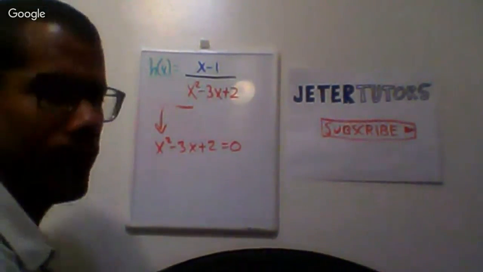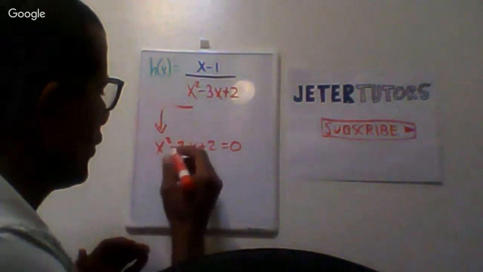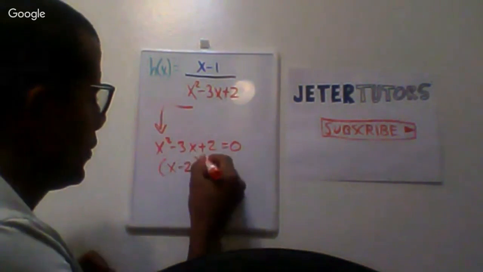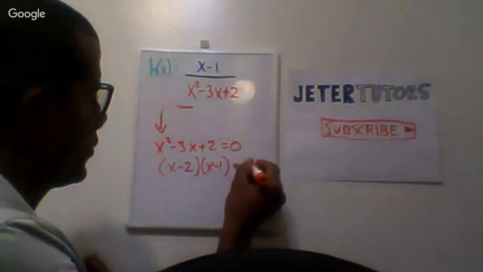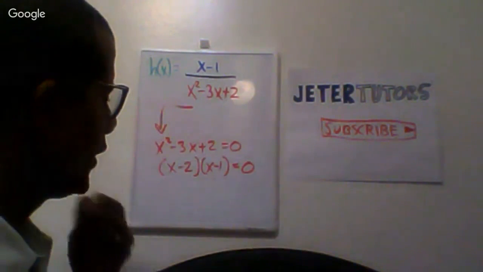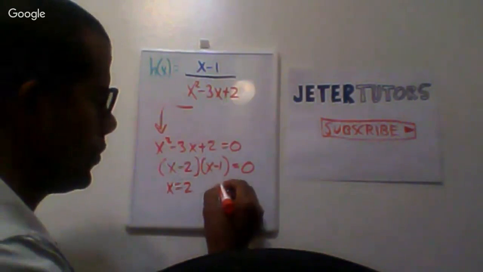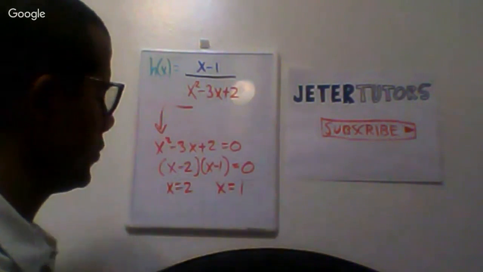So what we have here is something that's factorable: x minus 2 times x minus 1 equals 0. So you would say x equals 2 is a root, and x equals 1 is a root.